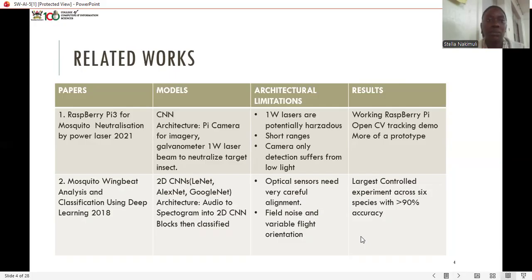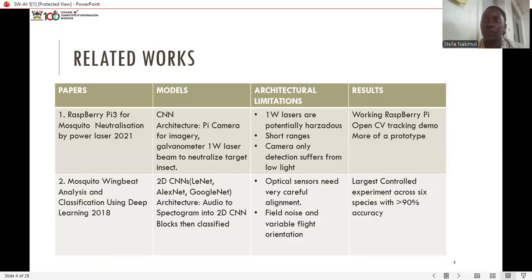So there is the first paper, which is the Raspberry Pi for malaria neutralization, which included a CNN model and had some architectural limitations like short range, and camera-only detection suffers from low light.